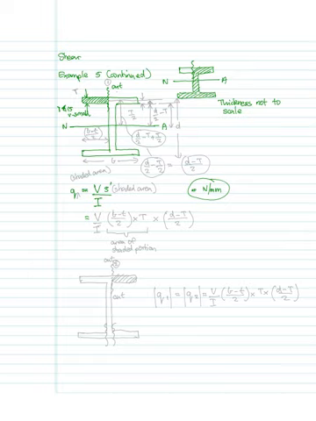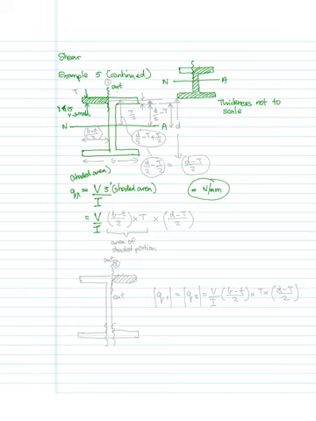That would be equal to V over I, which we've assumed you've calculated, multiplied by S dash of the shaded area, so maybe I should put in brackets shaded area, about the neutral axis.